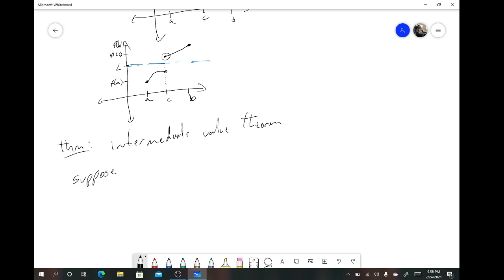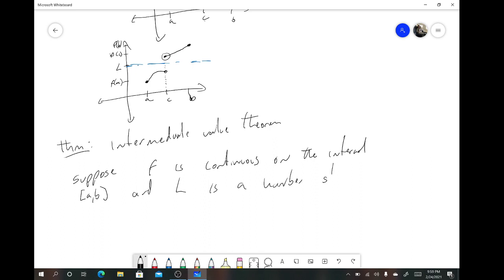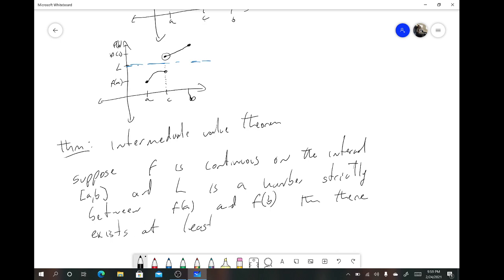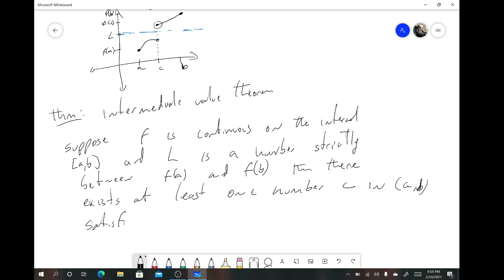It says suppose f is continuous on the interval AB, and L is a number strictly between f of A and f of B, then there exists at least one number C in the interval AB satisfying f of c is equal to L.